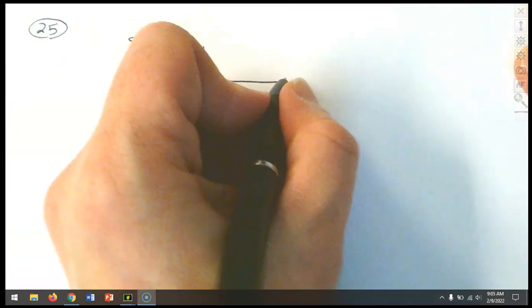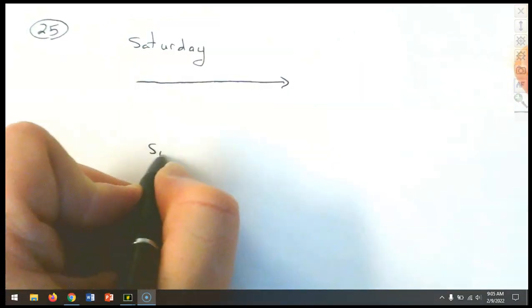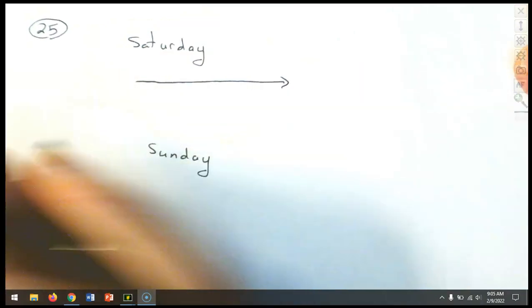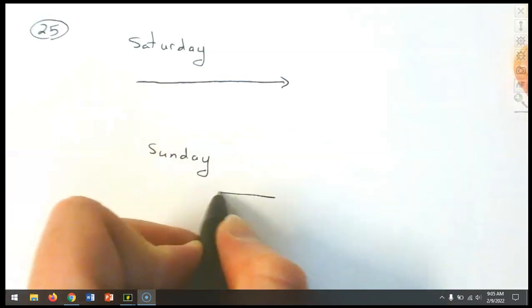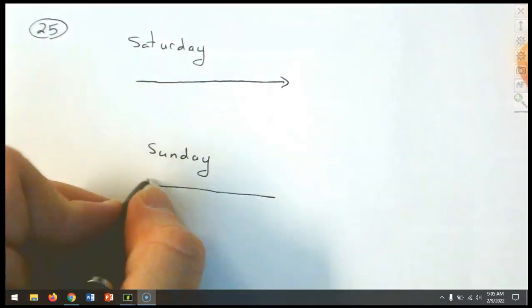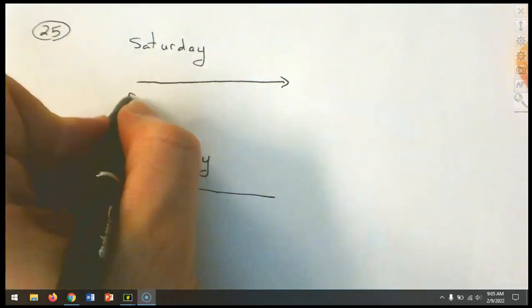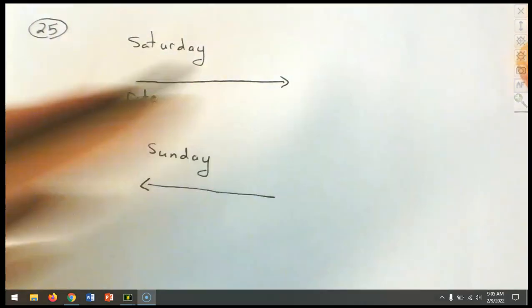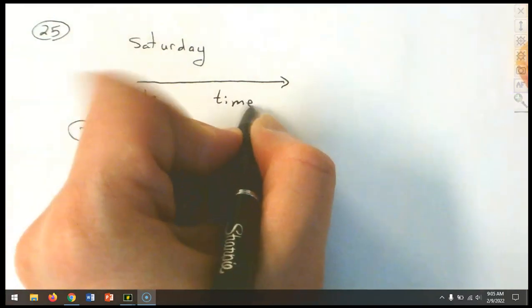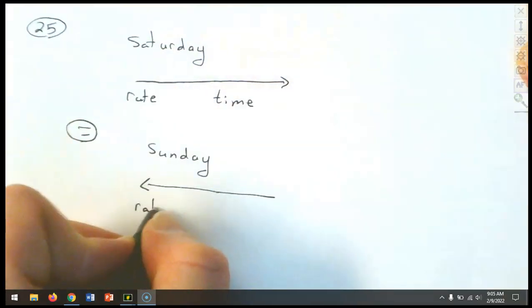Saturday we're going there, and Sunday we're coming back. That means these then should equal each other. And we need a rate, and we need a time for each one.